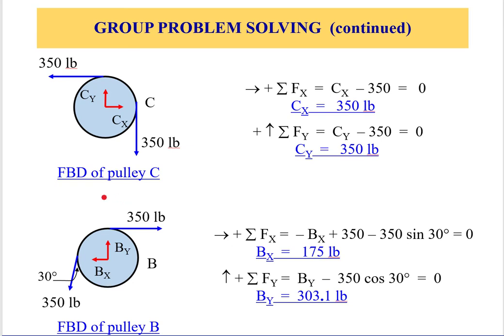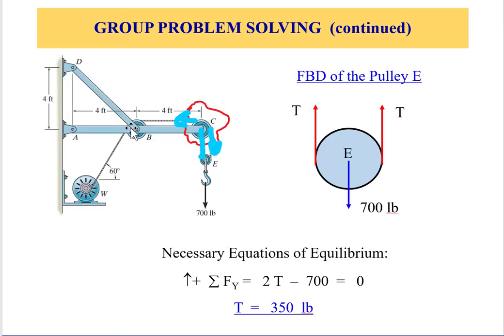Now for the B over here, we isolate the B and you create this cut, right? And again, do not mistake, these are not part of the pulley. Imagine that you take your pulley independent.